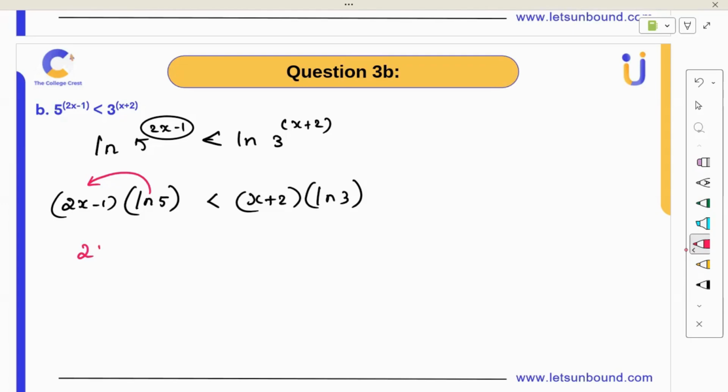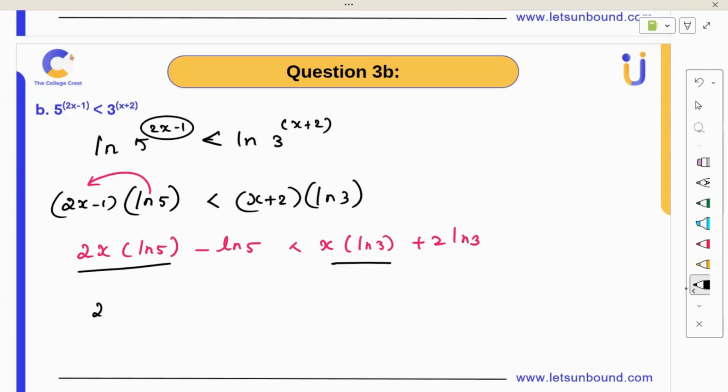So 2x ln 5 minus ln 5 less than x ln 3 plus 2 ln 3. Right? Now let's group x together. So 2x ln 5 minus x ln 3 is less than 2 ln 3 plus ln 5.